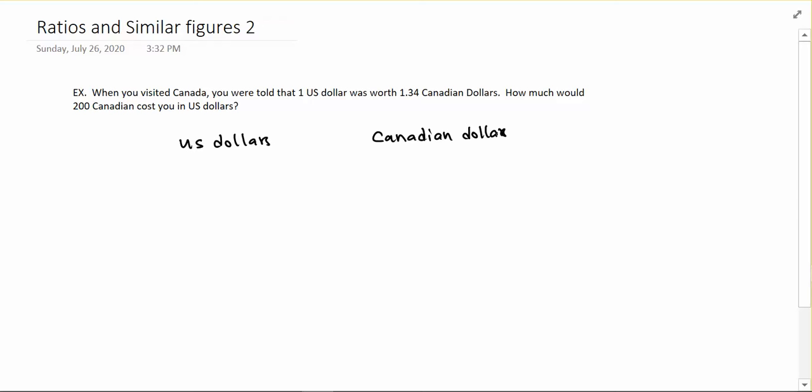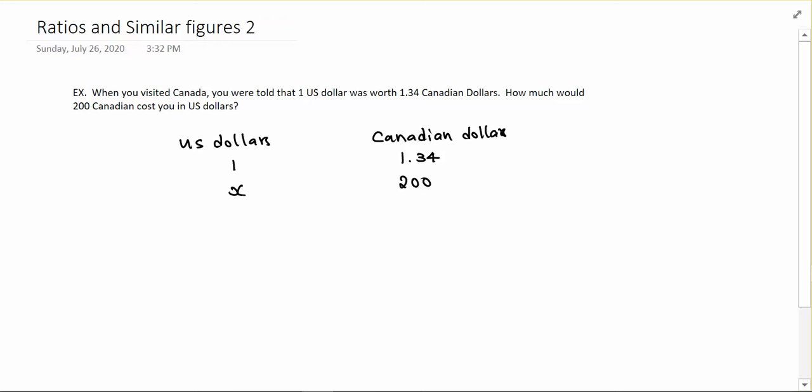So for example, $1 corresponds to 1.34 Canadian dollars. How much would 200 Canadian dollars cost you? So 200 on that side, X on this side, because we don't know that.